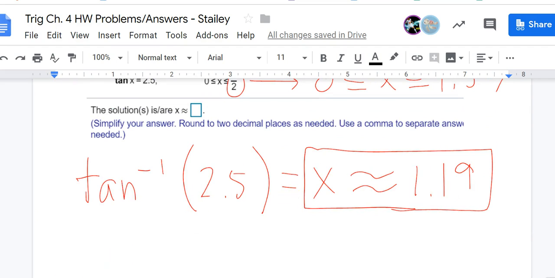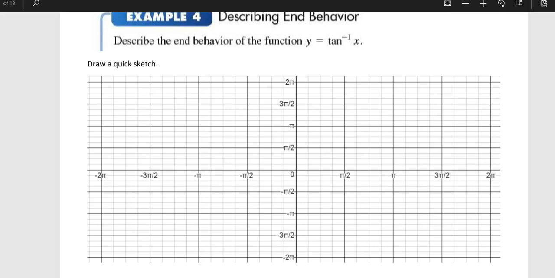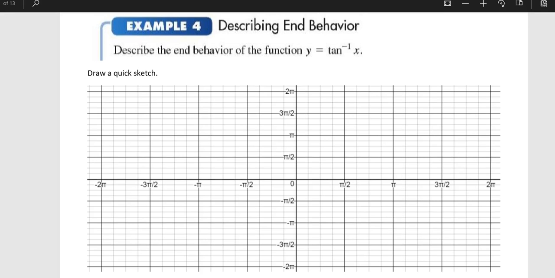Okay, example 4 from our notes is describing end behavior of a tangent inverse function. Now, we talked about tangent inverse function in the previous part of the videos. And we know that it's got these horizontal asymptotes at negative pi over 2 and positive pi over 2.